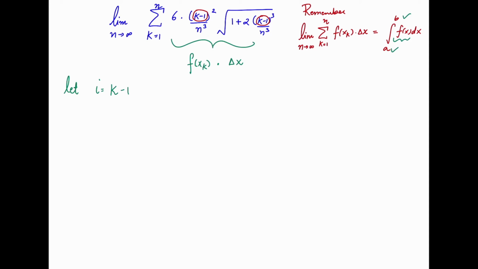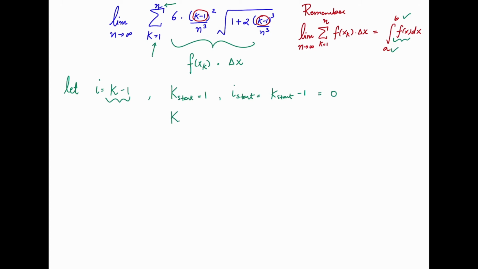If you change that position to i, you have to adjust the bounds on k in terms of i now. Because k starts at 1, then i starts at k start minus 1, right, because that's the expression. So that will be equal to 0.